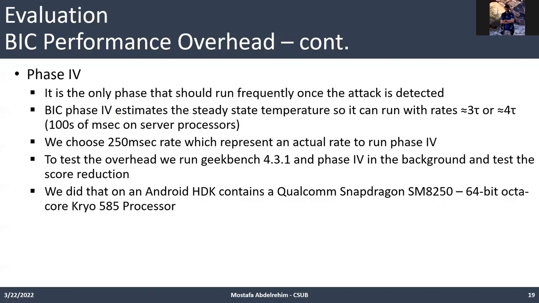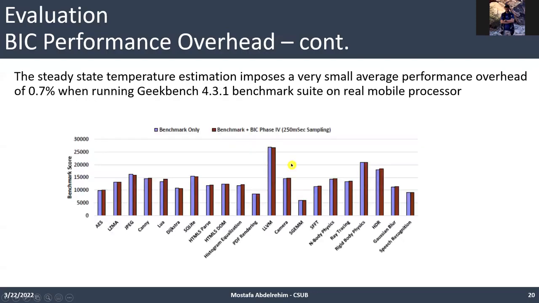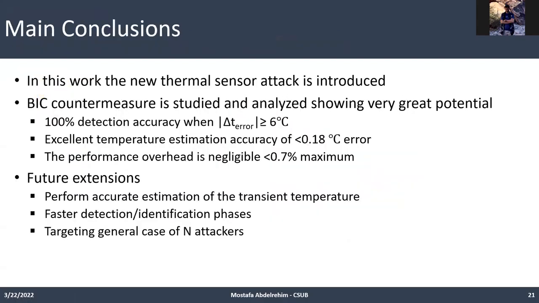And we run our algorithm on an Android HDK kit, which has a Qualcomm Snapdragon processor. Here is the result. As we see here, they are very close. The Geekbench 4.3.1 scores are very close before and after running our phase 4, and the maximum percentage difference doesn't exceed 0.7%.